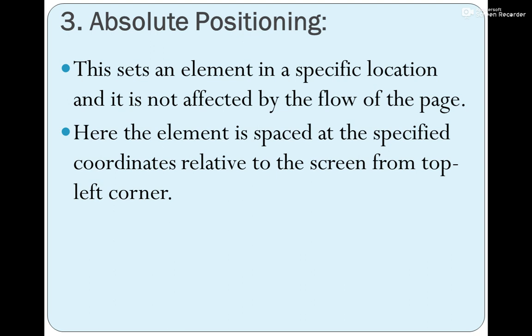We'll see what exactly this means. The elements won't be placed sequentially as mentioned in the flow of the program, but will take their respective positions as mentioned in the property values. These elements are placed at specific coordinates relative to the screen, starting from the top left corner of the screen, right?